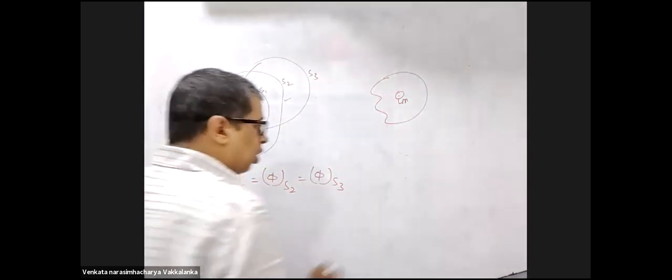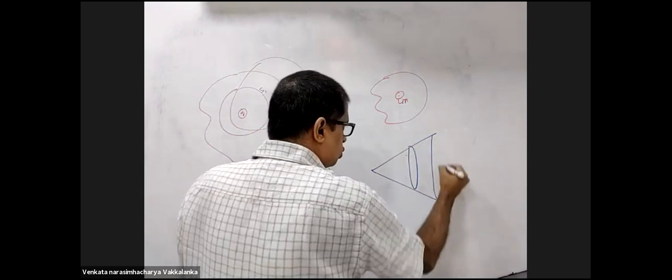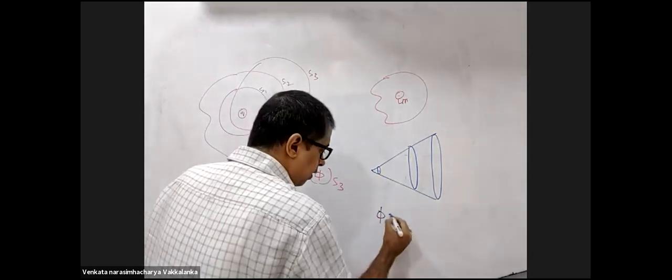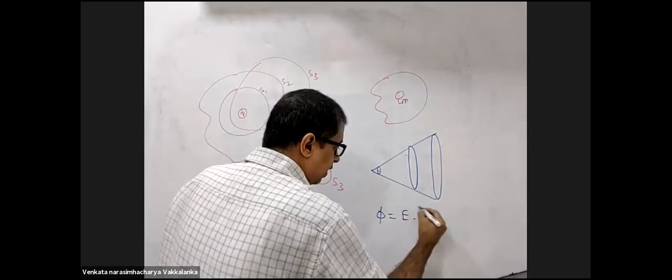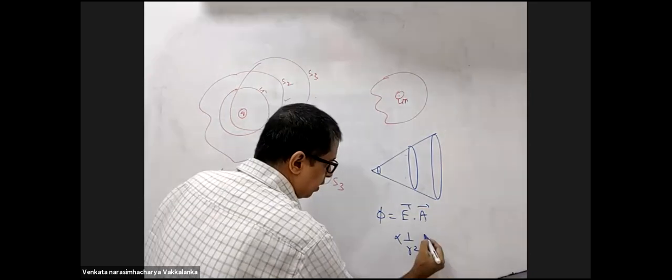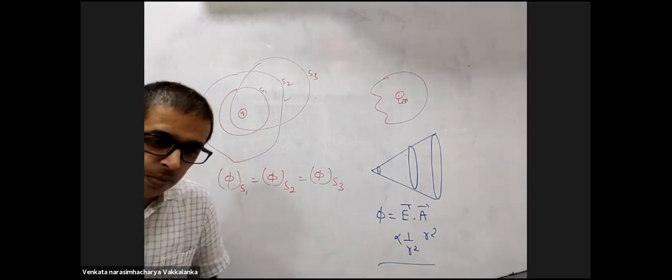If you have got two angles, these two areas will subtend the same solid angle. E dot A: field is inversely proportional to R square, area directly proportional to R square. The product will be the same.